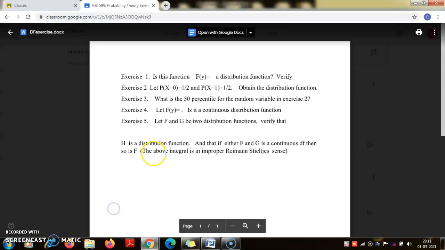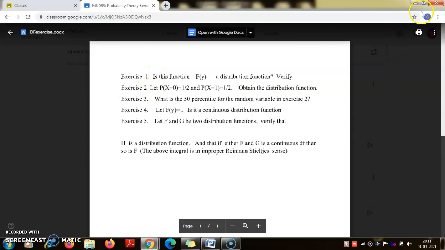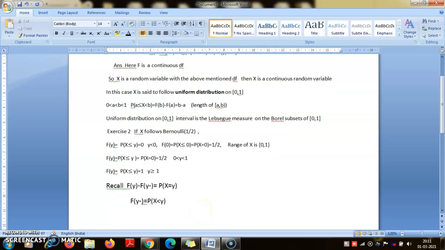So coming to the third exercise, I have asked you to compute the 50th percentile of this Bernoulli distribution.